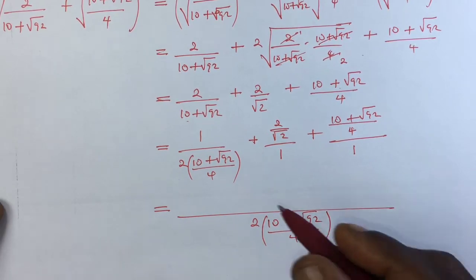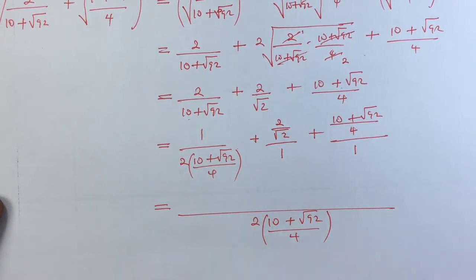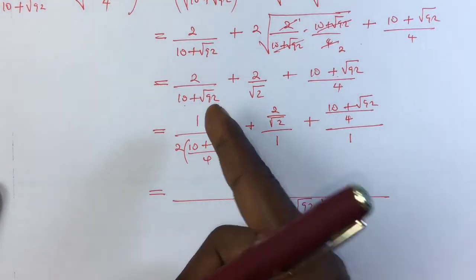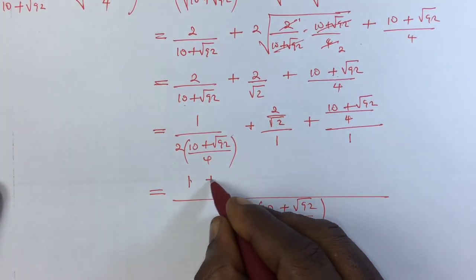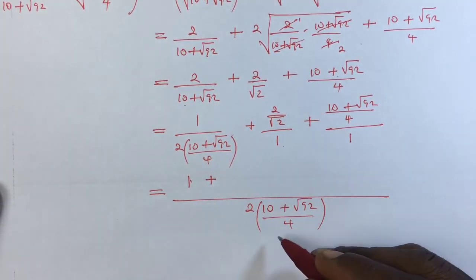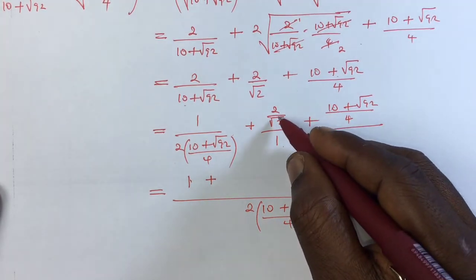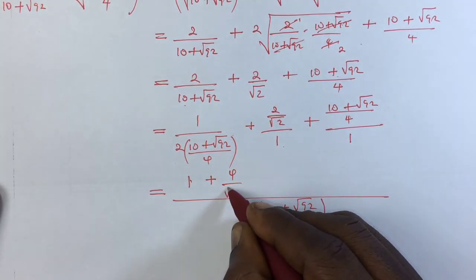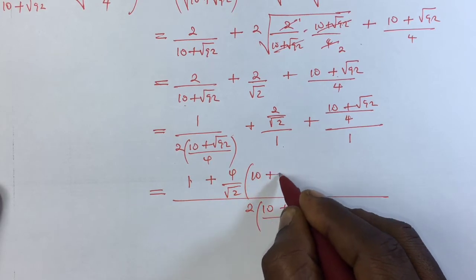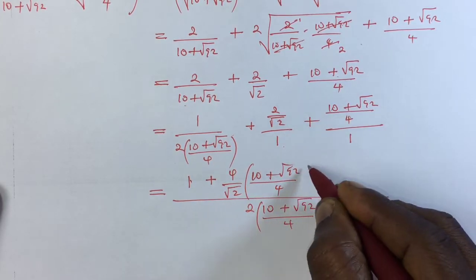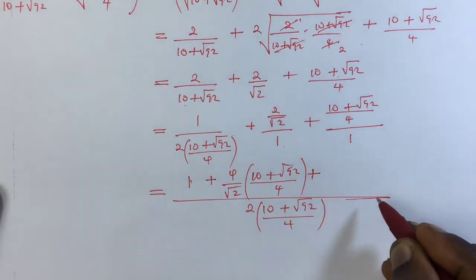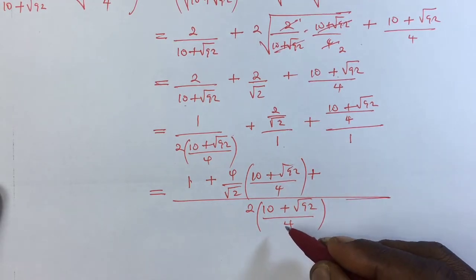Okay, now if this goes into the LCM, it gives you 1. 1 times 1 gives you 1, plus 1 into this LCM is the LCM times the numerator, and that will give you 4 all over root 2 in bracket 10 plus root 92 all over 4, plus if 1 goes into this LCM, it will give you the LCM.